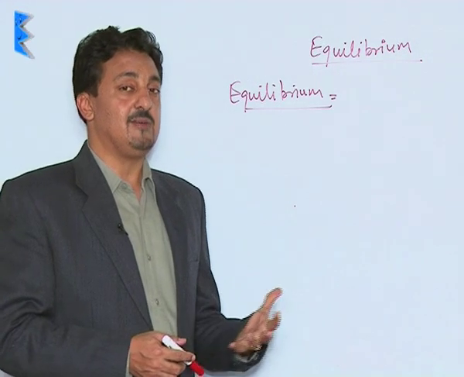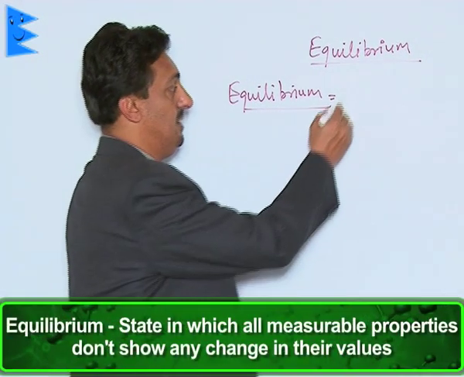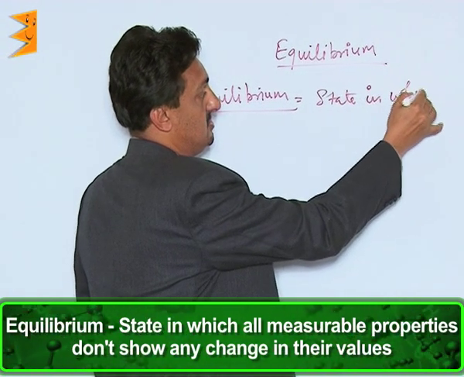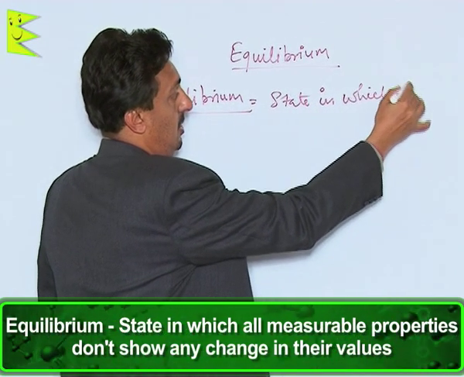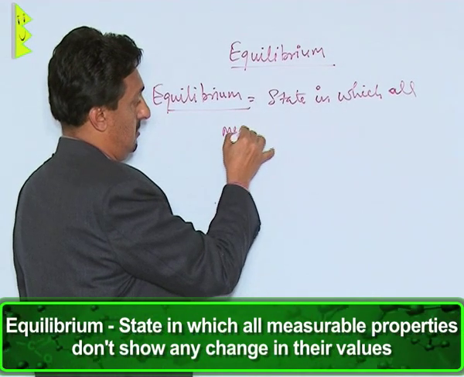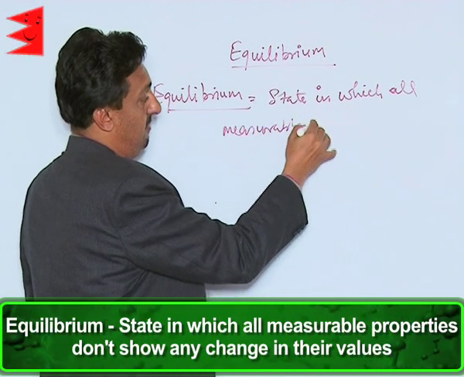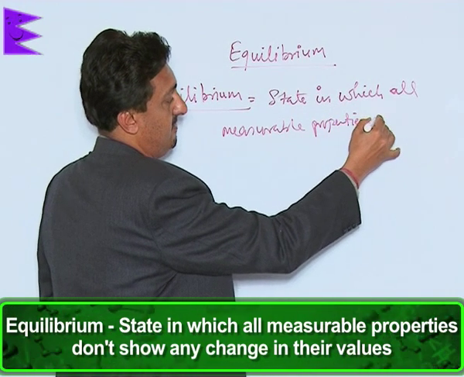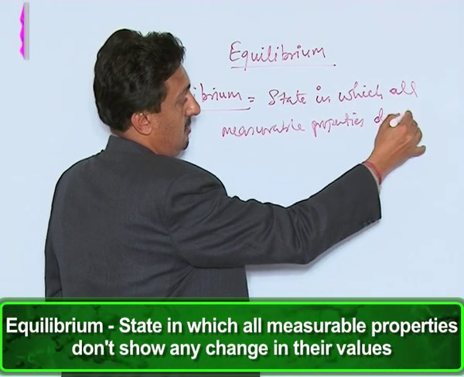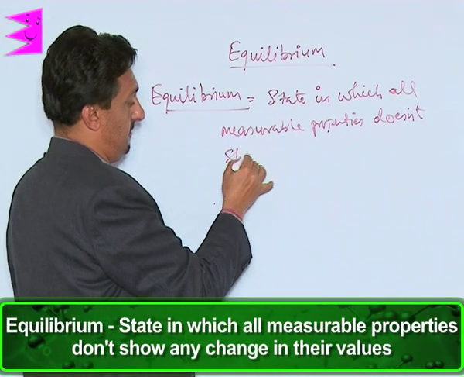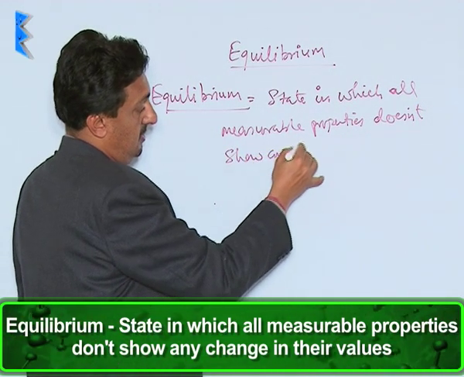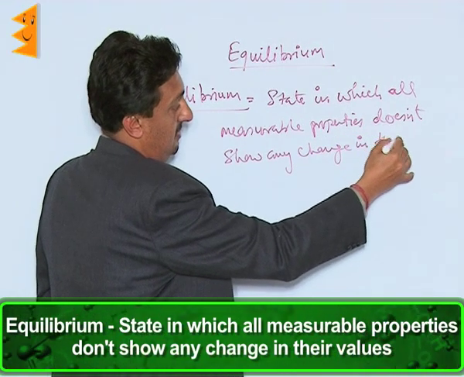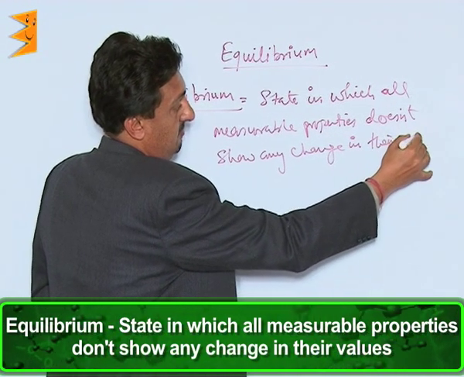So we define equilibrium as the state in which all measurable properties don't show any change in their values.